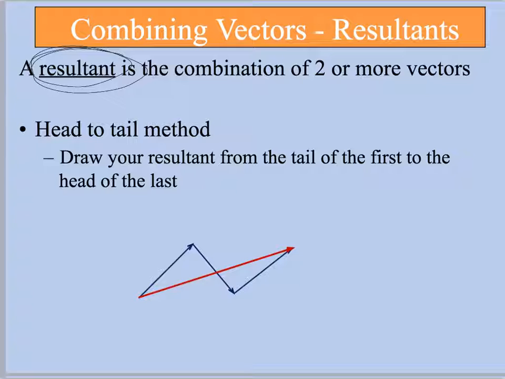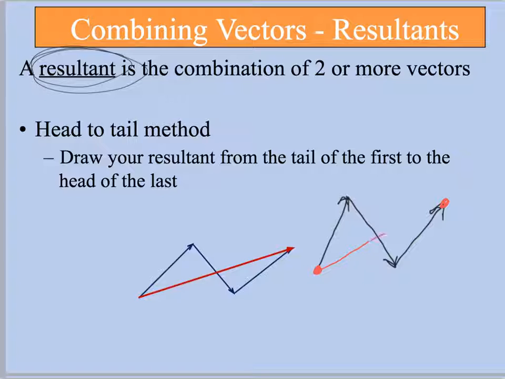So if we were going to do this one down here, and I had a vector here, and a vector here, and a vector here, and I wanted to find the resultant of those vectors, I would draw a line directly from the beginning of the first vector, right here, to the end of the last vector, right here.